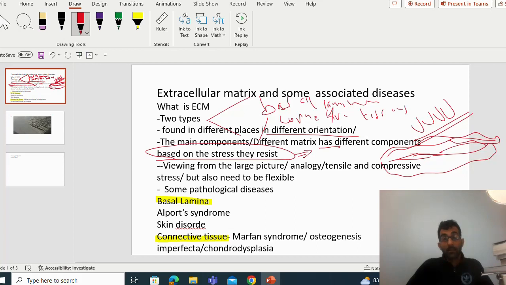And some tissues are flexible, subjected to stretch and needing recoiling after the stretch, as in the blood vessel.